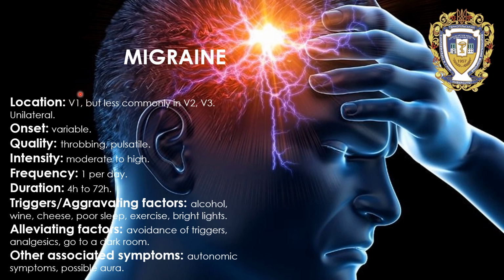Location of migraine: as usual, in the area of the first branch of nervus trigeminus, but less commonly in the second and third trigeminal nerve branches, and as usual it is unilateral pain. Onset is so variable. Quality of pain is throbbing, pulsatile. Intensity from moderate to high.